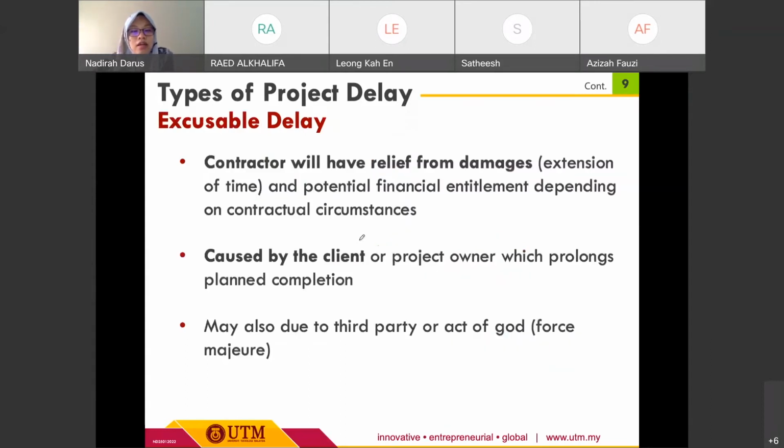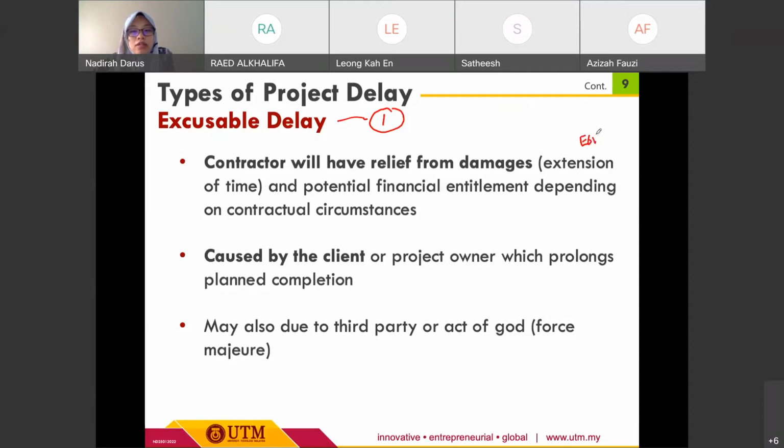For the first type, excusable delay. Excusable delay refers to the situation where the contractor will have relief from damages, especially the EOT, extension of time.